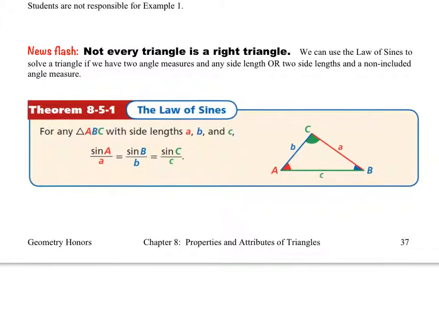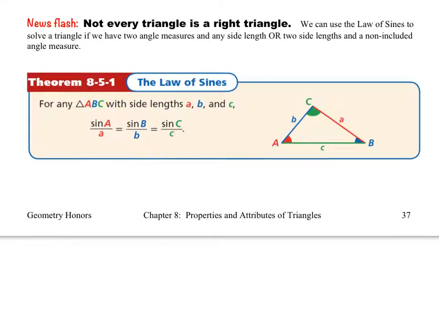Newsflash, not every triangle is a right triangle. When we don't have a right triangle, we need to use things that still work for other triangles. Two of those things are law of sines and law of cosines. The law of sines says for any triangle ABC with side lengths A, B, and C, and remember the way that we name triangles is the name of the vertex is opposite the name of the side that has the same name but with a lowercase letter.